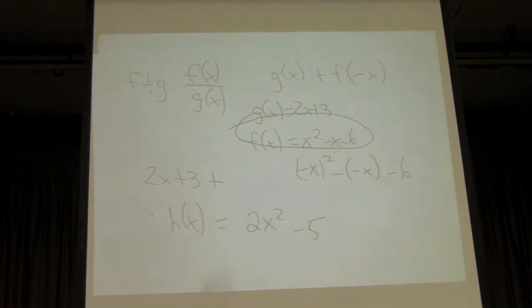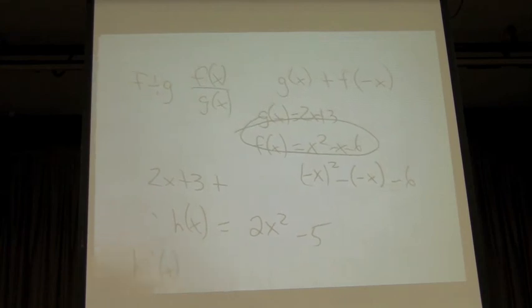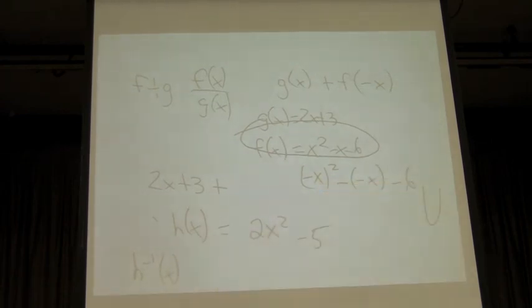Now, technically, when we give you this kind of notation and ask you to find the inverse, we're saying it needs to be a function. You guys know this is a parabola opening up. Its inverse is going to be a parabola opening to the right. That's technically not a function.